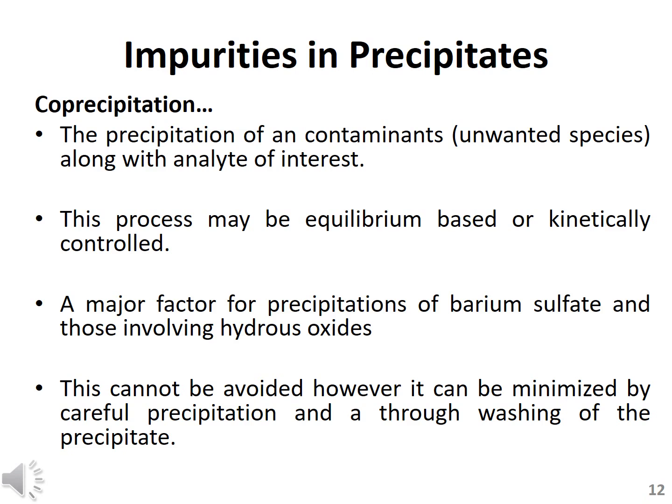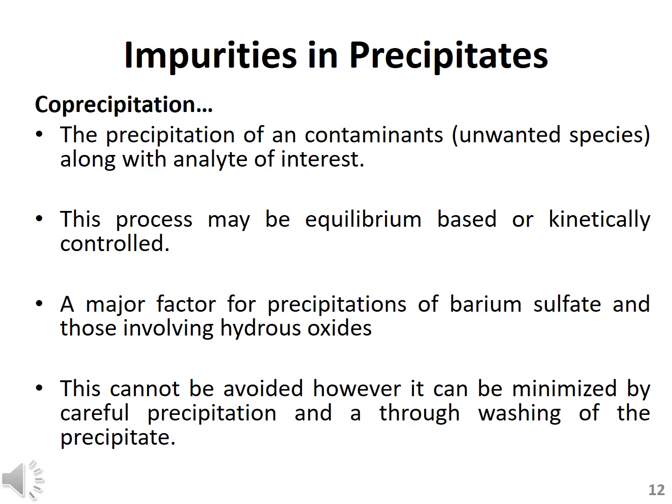This process may be equilibrium or kinetically controlled. In chemistry, co-precipitation is generally the carrying down by a precipitate of substances normally soluble under the conditions employed. Analogously, it is also the precipitation of an unbound antigen along with an antigen-antibody complex.